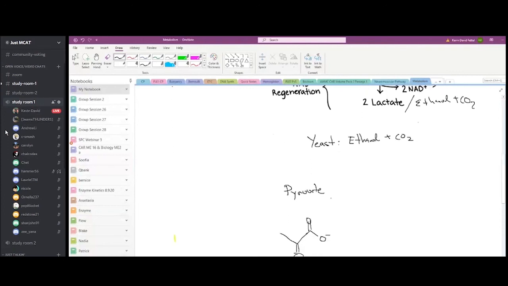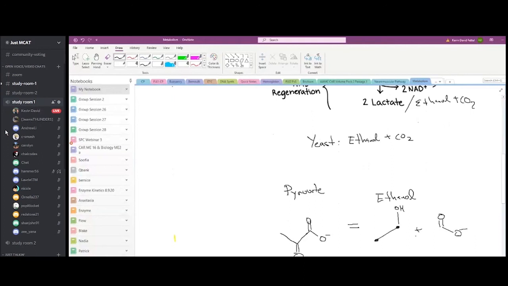Let me show you. So let's draw ethanol out. Ethanol is 1, 2, and then we've got the alcohol group. And then we got a CO2 group. The CO2 group is simply going to be a carbon double bond O to a single O minus, give or take.